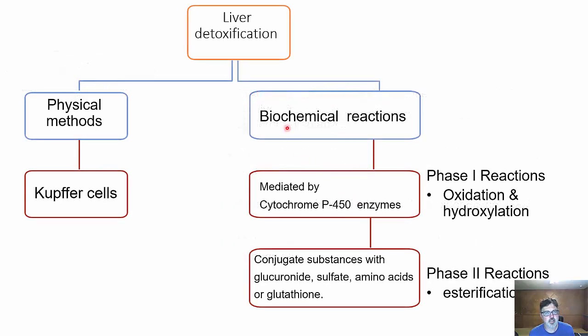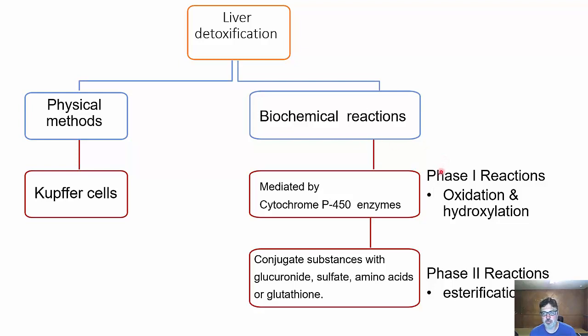So to show you this, let's suppose we're passing our toxins through the liver. As they go through the liver, there are physical methods here through the Kupffer cells that can actively take up the foreign substances, the molecules. And then we also have these biochemical reactions that can enzymatically break down the toxins. Now, as we do, we will go through a couple of phases.